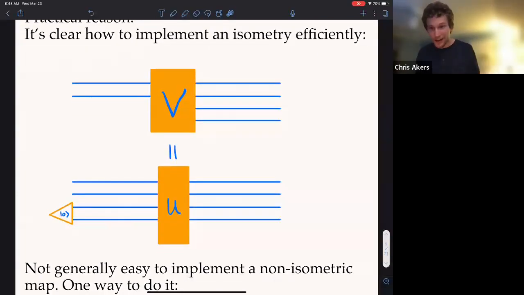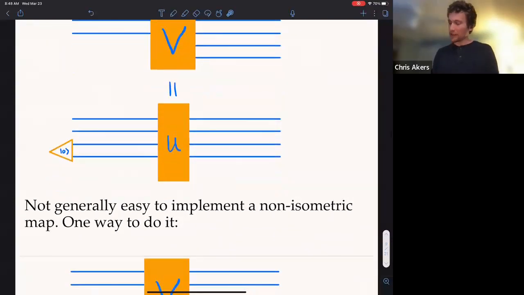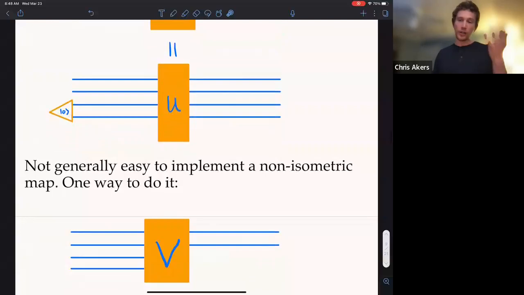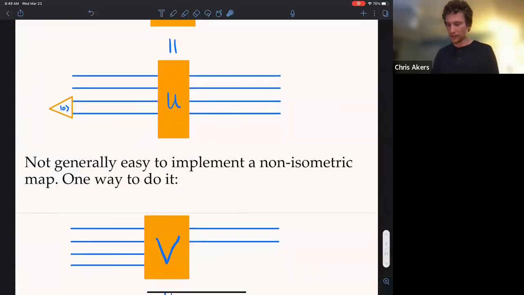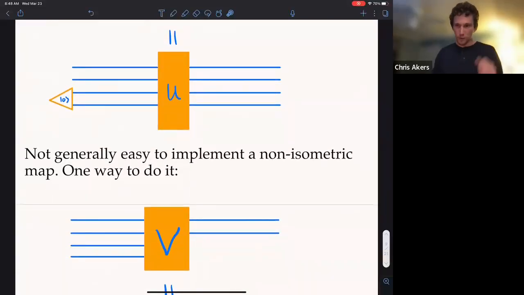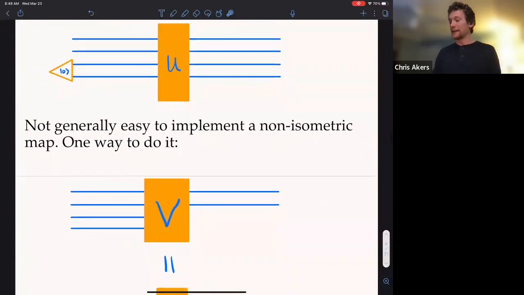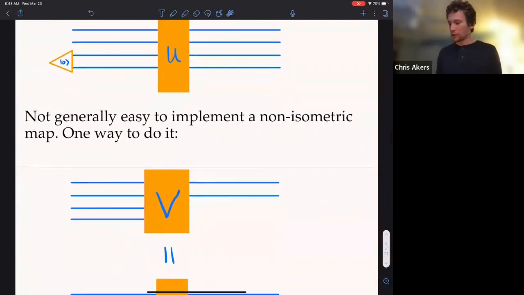However, a non-isometry is not generally easy to implement. Here's one way you might try and do it. A large class of non-isometries can be done this way without loss of generality, and you'll see it's hard. Let's imagine that this is just some arbitrary non-isometry.